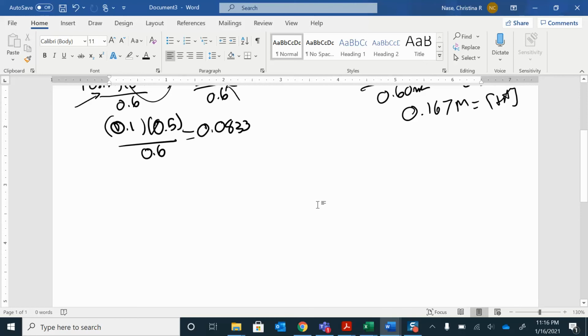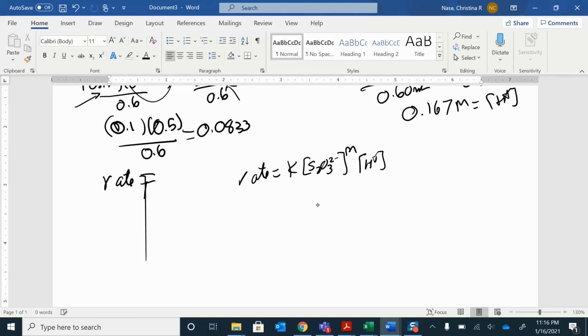I have rate is equal to K times S2O3 2 minus raised to some power m. We're going to try to find that power. And then H plus raised to the n.